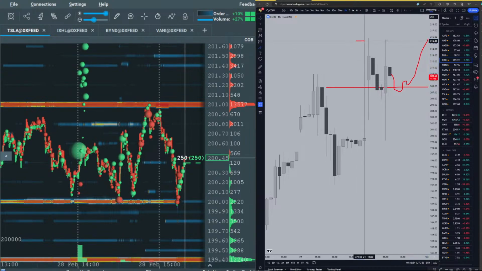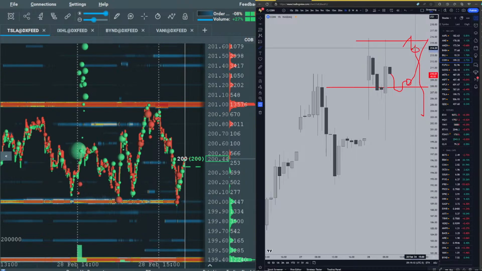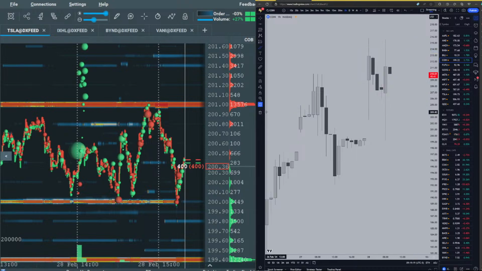If instead we push to this 216 this morning and fail and then start seeing a lower high, then I'm looking to short. So the first plan is a dip over here to this major support and then a long. The second is instead a push to this level of resistance, 216s, and then looking over here at 215, 214 for a short play. Okay, so always prepare a plan A, plan B. As you know, the market is always pretty unpredictable.